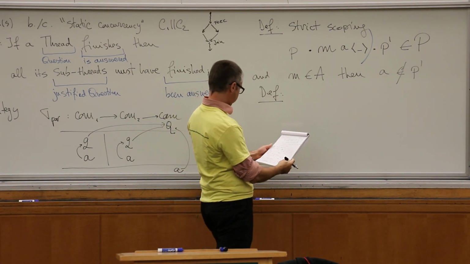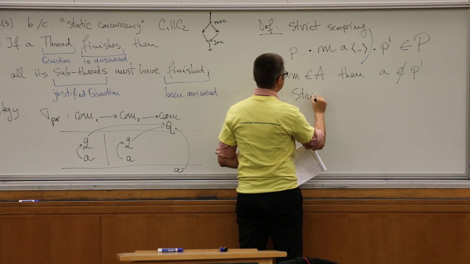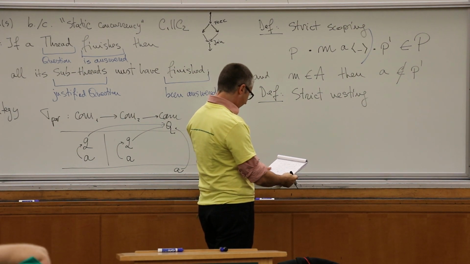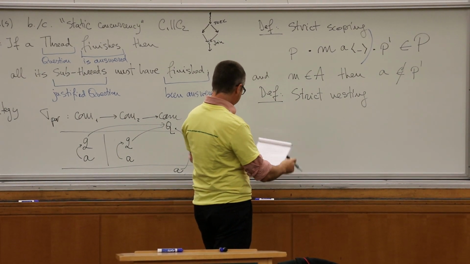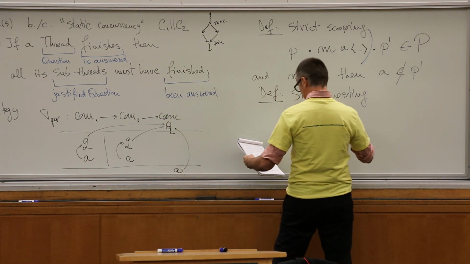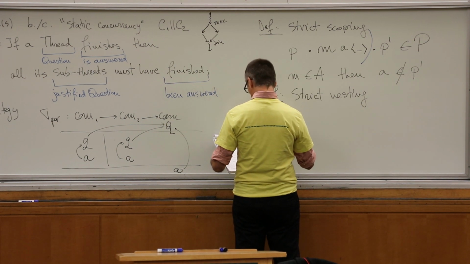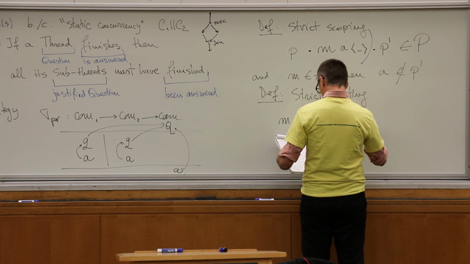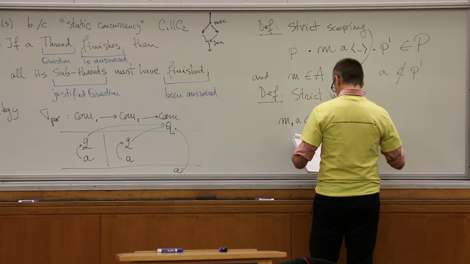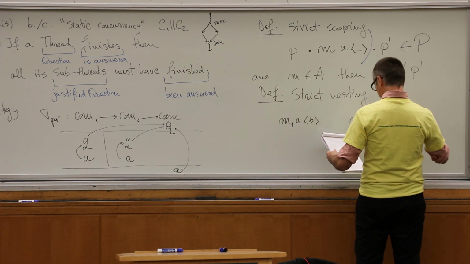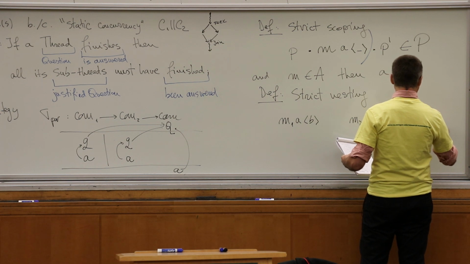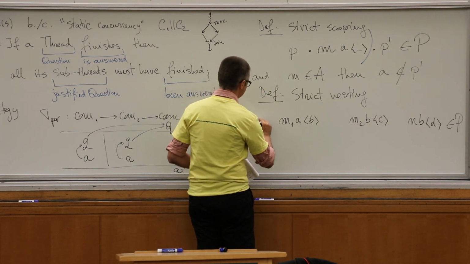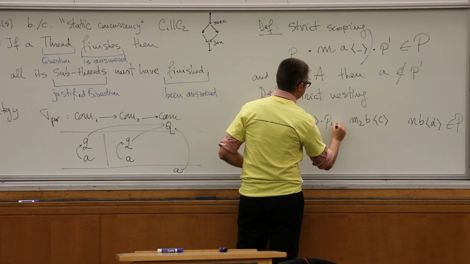The second one is strict nesting. Which says that if I have some move M1 A B, some move occurrence, and another M2 B C, and now I have some answer N B D. So this is a play, and in between I have some other things going on.